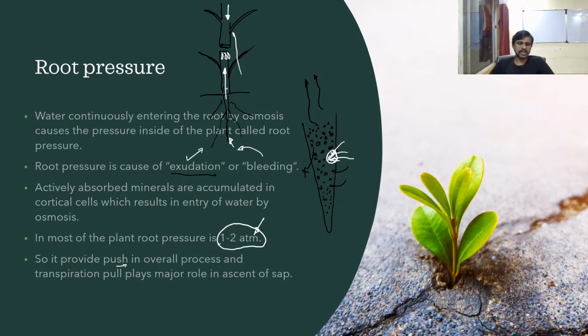One is a pushing force and one is a pulling force. The pushing force is provided by your root pressure, and the pulling force is provided by the transpiration pull.